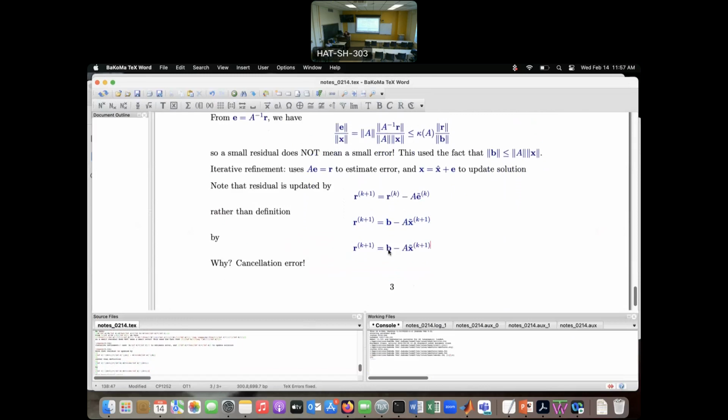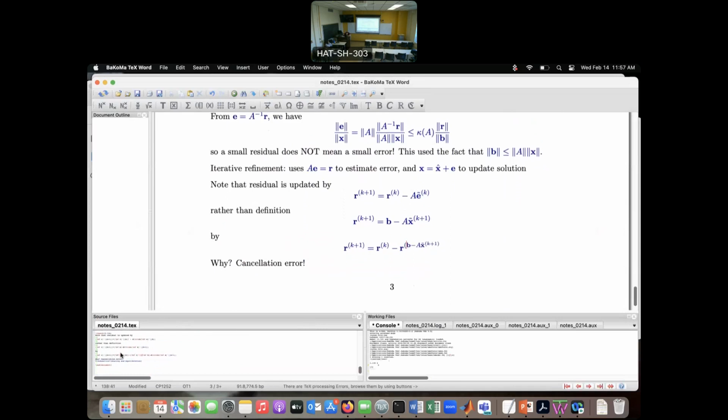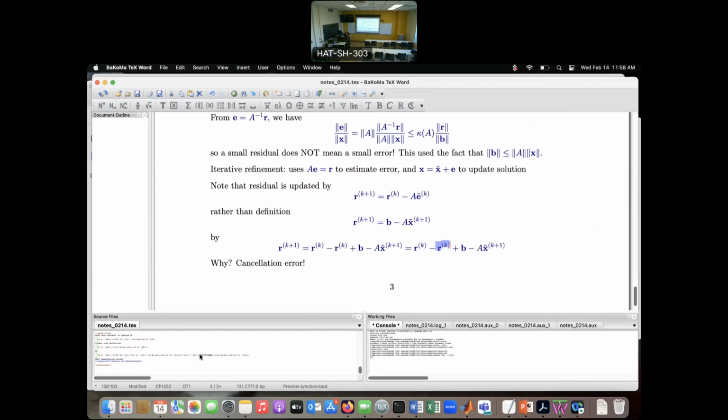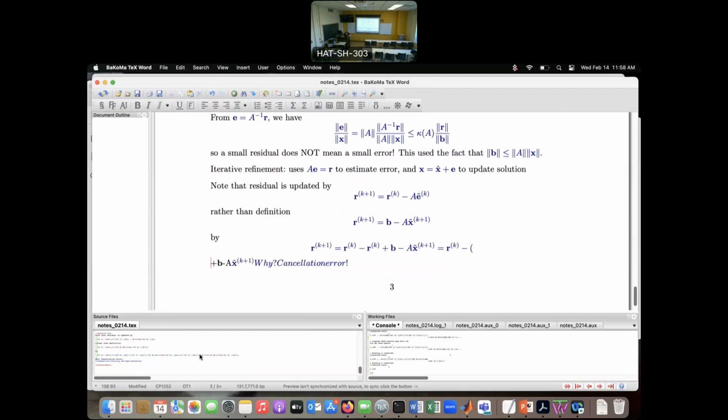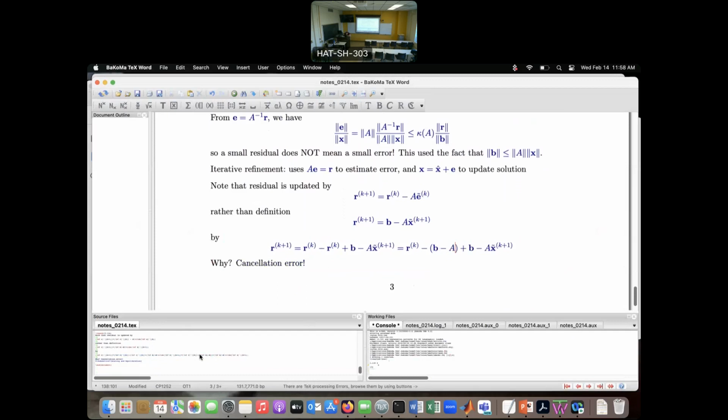Now, I can add and subtract r_k. Now, r_k I can rewrite as b minus A x_k.